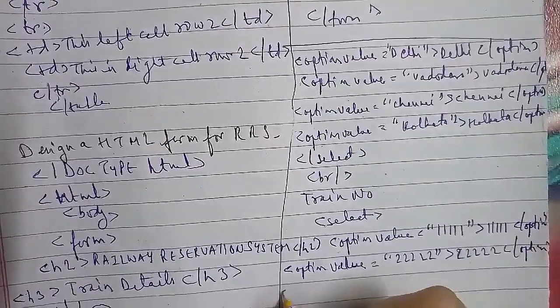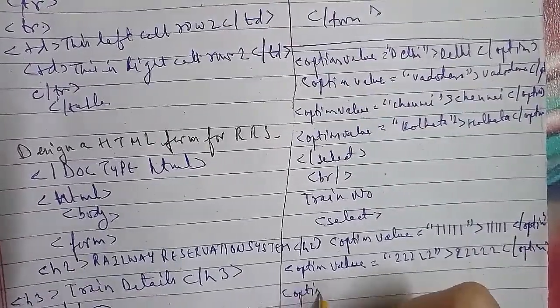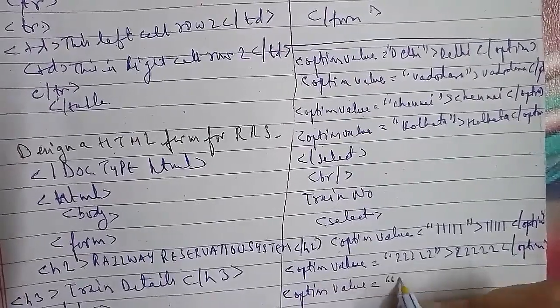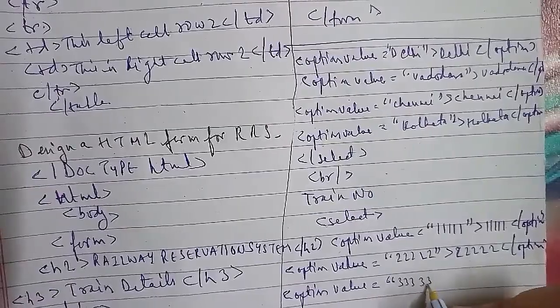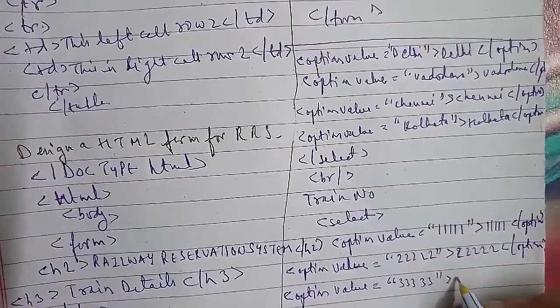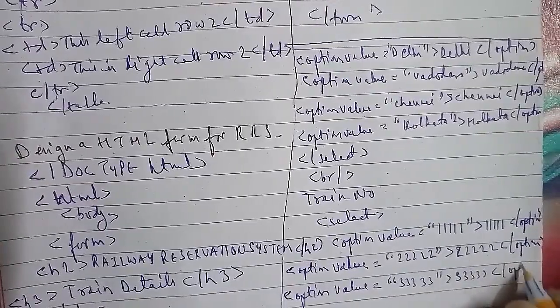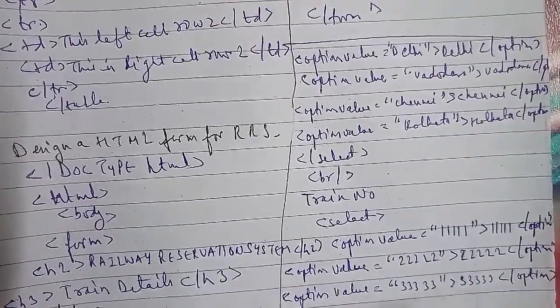The train number is done, now the train name: input type equals to text, so here it will be text, close, then break.